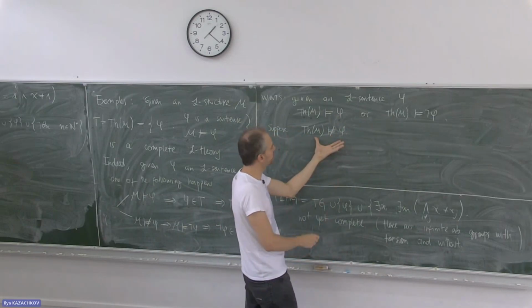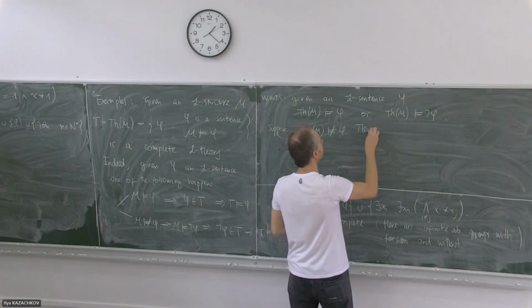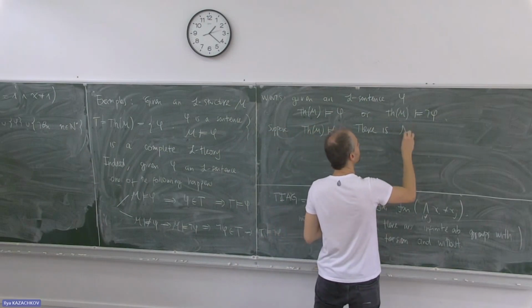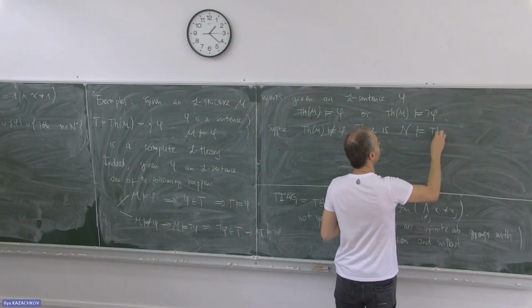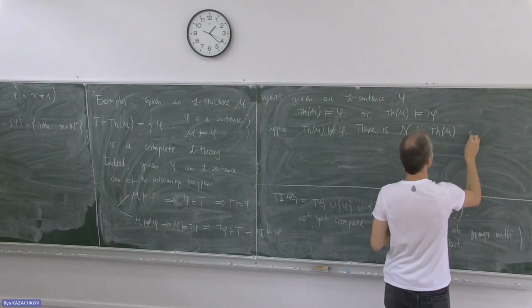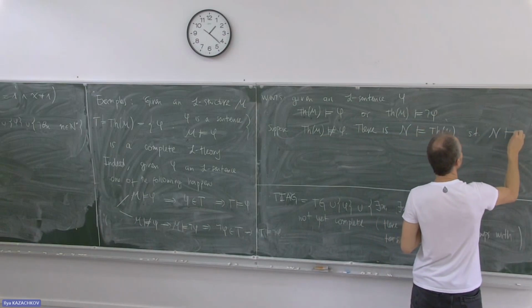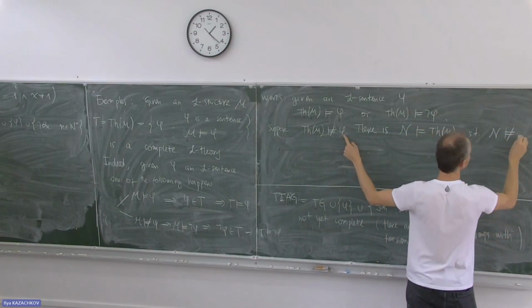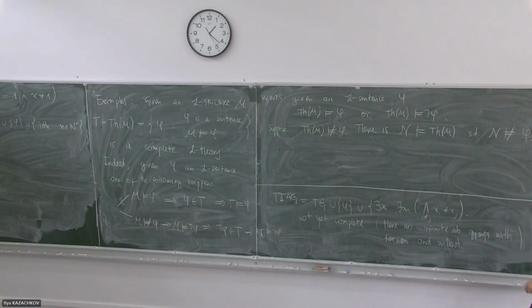What does this mean? This means that there is some model N of this theory such that N does not satisfy this formula phi. You agree? This is just the definition.